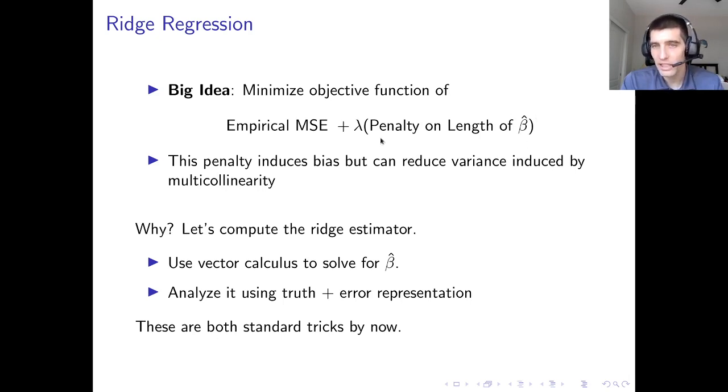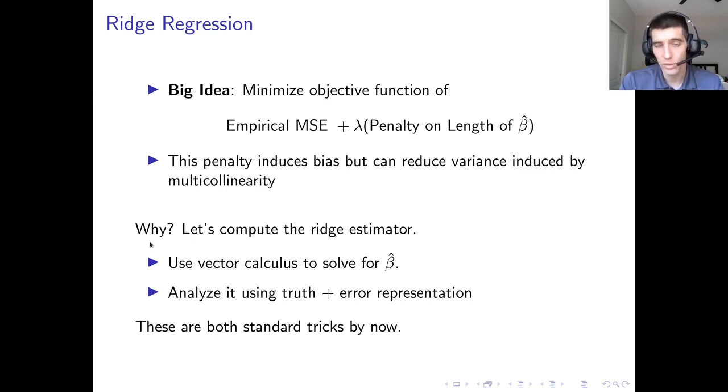And so by adding this penalty, the idea is we can encourage it to stay close to a certain point, to not bounce around so much. It introduces bias because we're adding a penalty that encourages it to be something different than what the data suggests, but it reduces its variance.